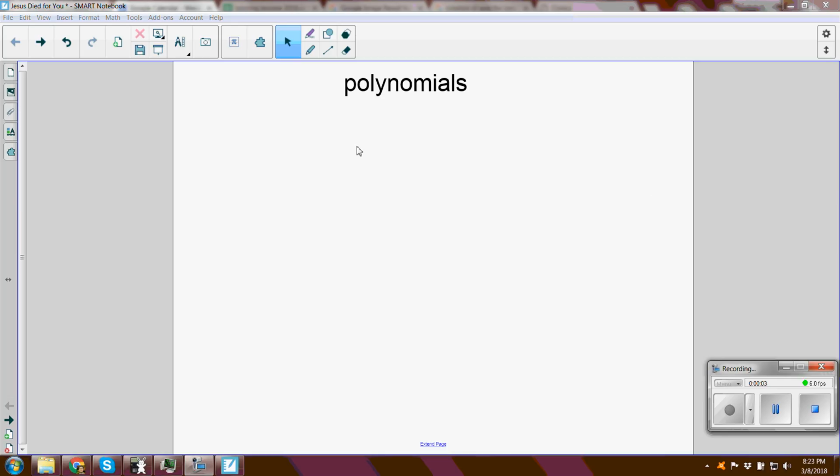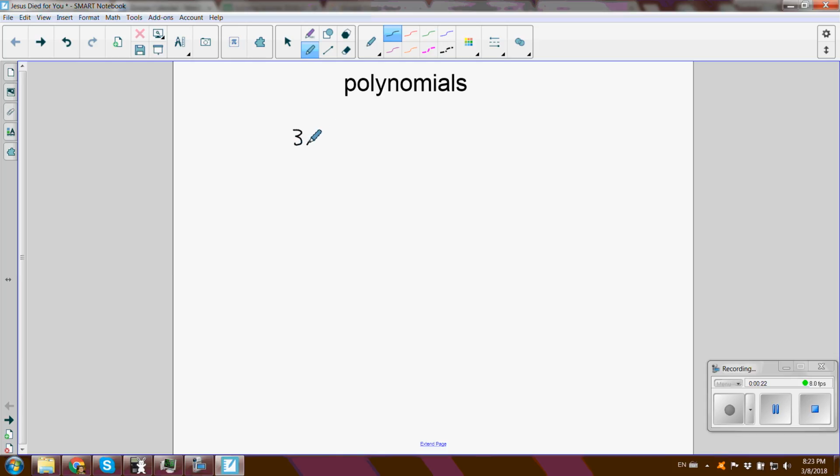Okay, so polynomials are pretty important in algebra. But rather than define what a polynomial is, I think it's easier to see what a polynomial is by looking at examples. An example of a polynomial might be 3x squared.